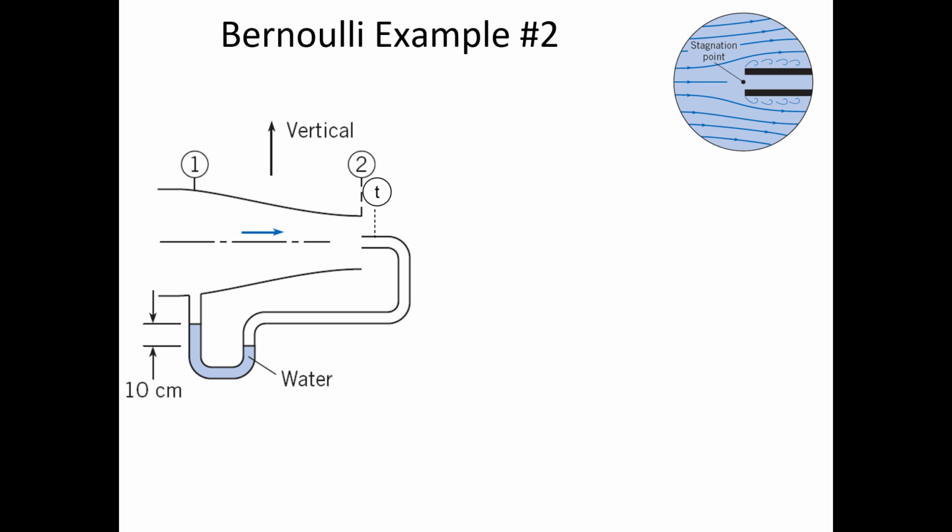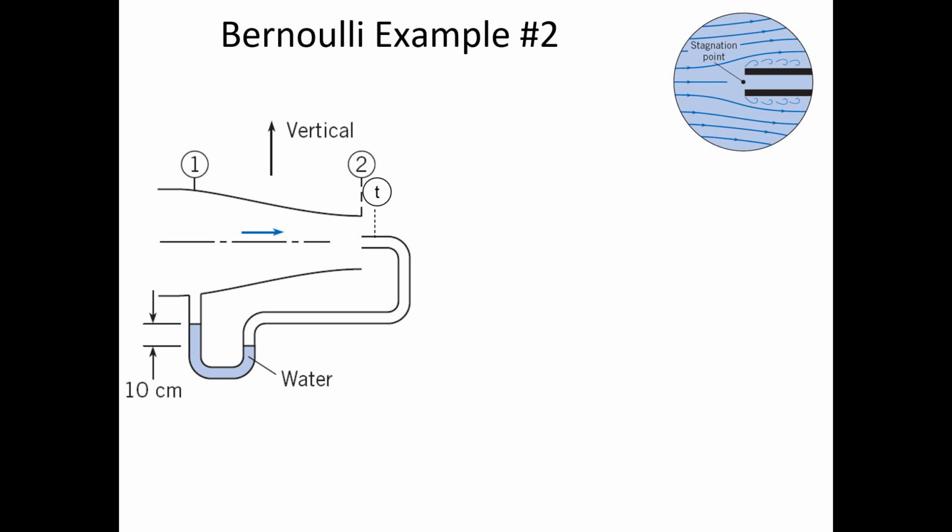So this is what we saw in the example of water flowing through a horizontal pipe, and it was flowing from left to right. Since it's horizontal, there's no pressure difference due to elevation changes, but the pressure difference here was because of pipe friction.